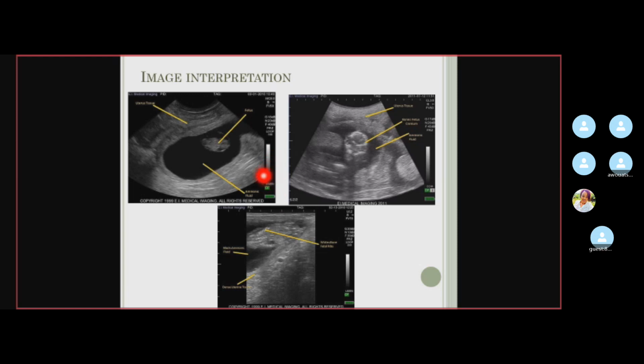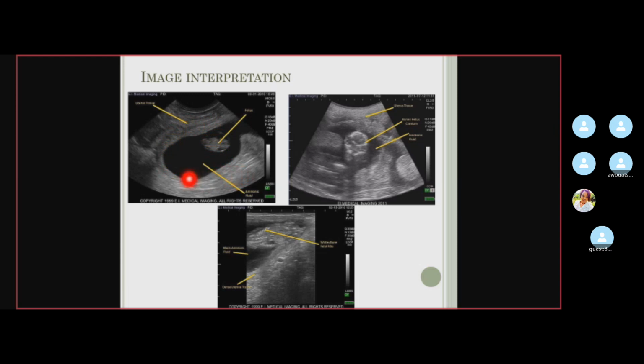You can see the darker areas. This is a scan of the abdomen and pelvic region, wherein we can see the amniotic fluid, and this is the fetus. This is a scan of a pregnant lady. This is the uterine tissue, which appears gray.